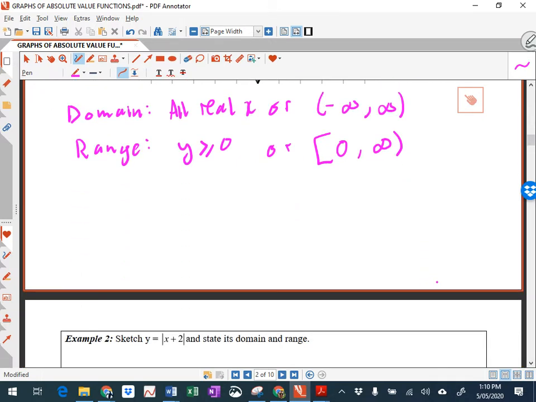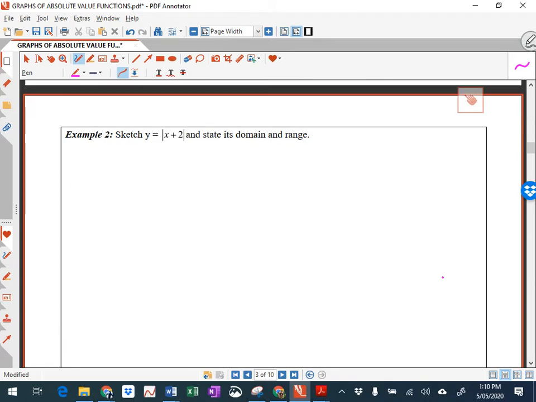Okay, let's do another one. We've got to sketch y equals absolute value of x plus 2. Okay, so let's do that. We're going to do the positive case first. Positive case. So that means you put a positive sign in front of the absolute value expression.